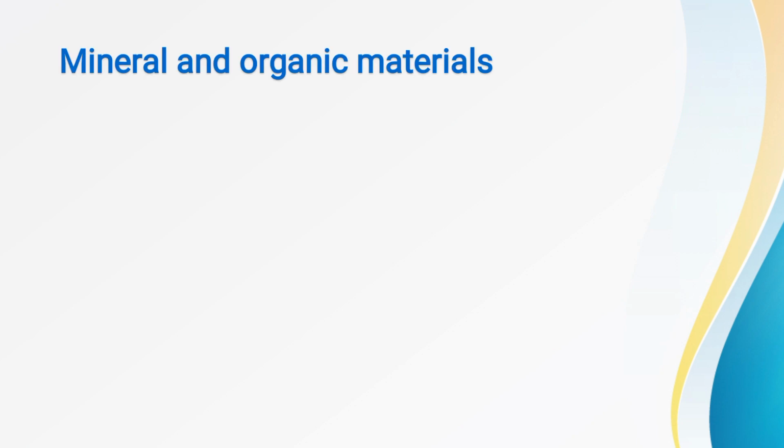They have distinct characteristics, properties, and uses in construction and other industries. So those are just two broad categories of the construction materials. So why would you call a material a mineral material? What is a mineral material?